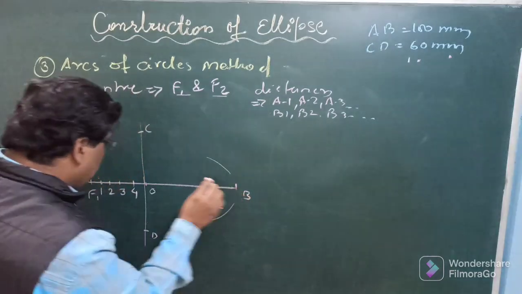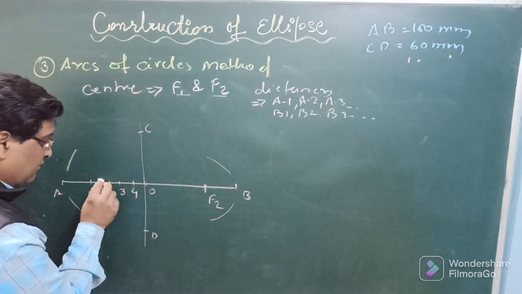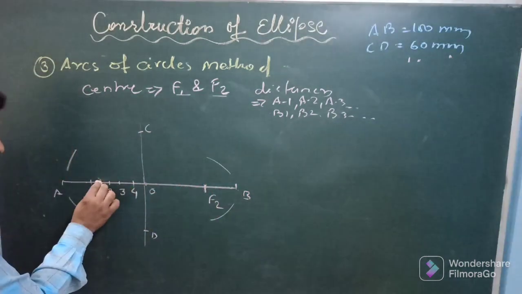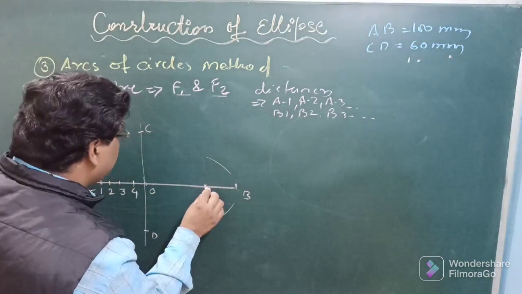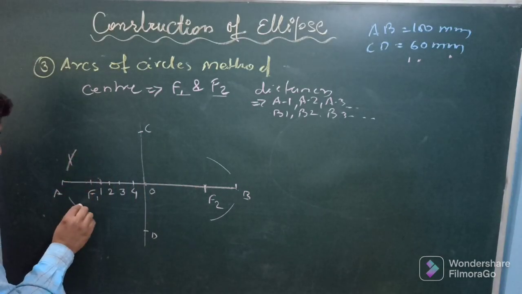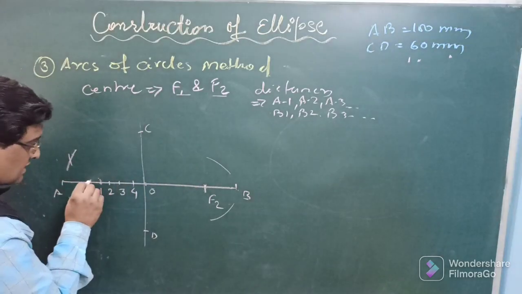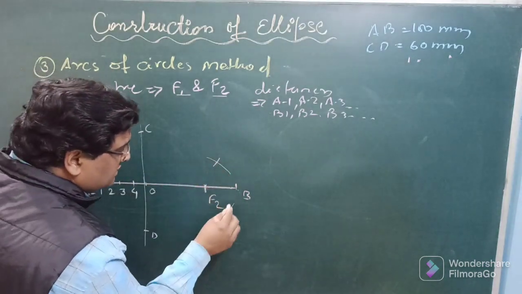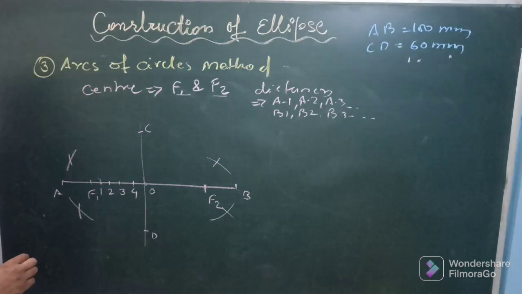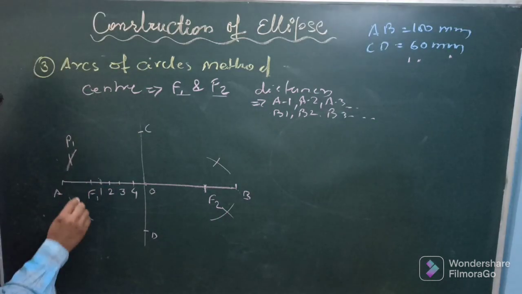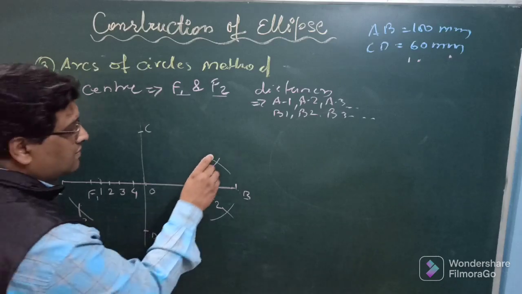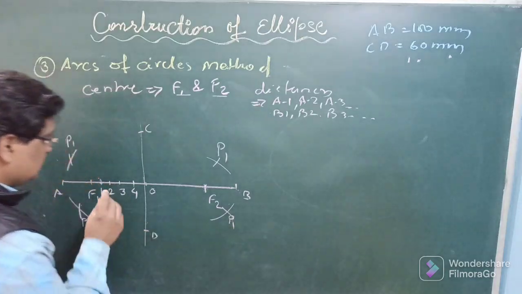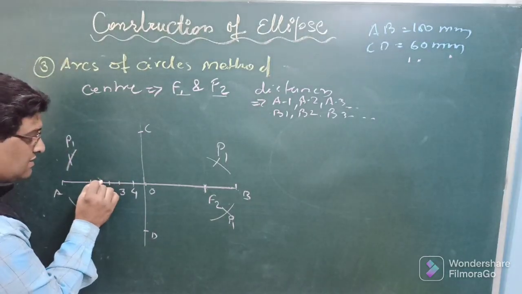Now take B1 as radius, this one from here to here, and taking center as F2, cut these 2 arcs, taking center F1 with the same radius B1, cut these 2 arcs previously drawn. In this way you will be getting 4 points with the same radius, that is A1 with the same point.